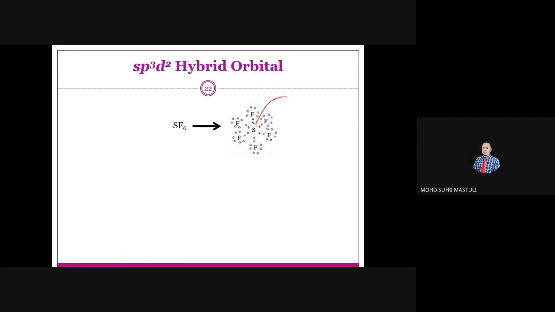The central atom has 0 lone pair plus 6 bonding pair, so 6 electron domain. The hybridization is sp3d2, and then the geometry is octahedral.